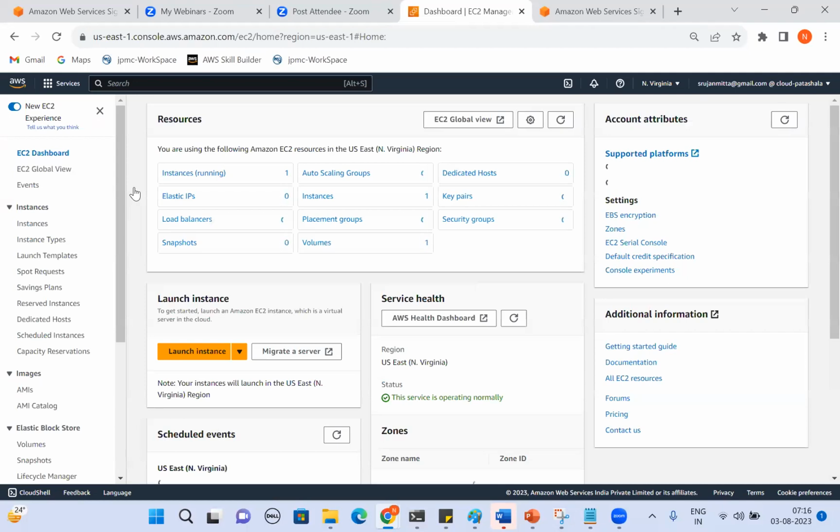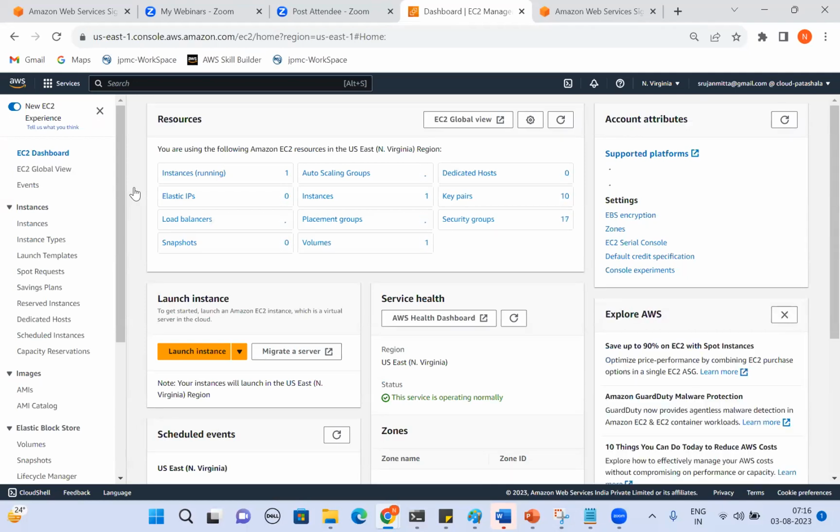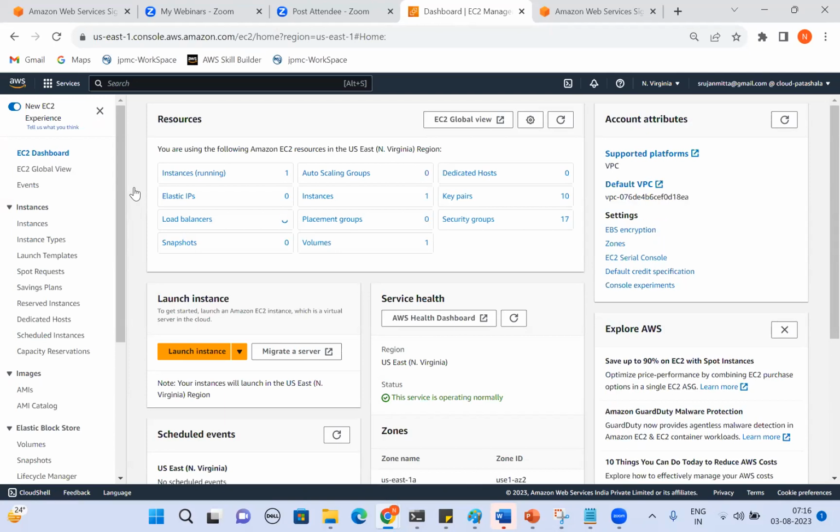We'll discuss the EC2 instance: what EC2 is, what its use is, and what parameters we have to check while creating an EC2. We will learn all this in today's session. Let's start creating.